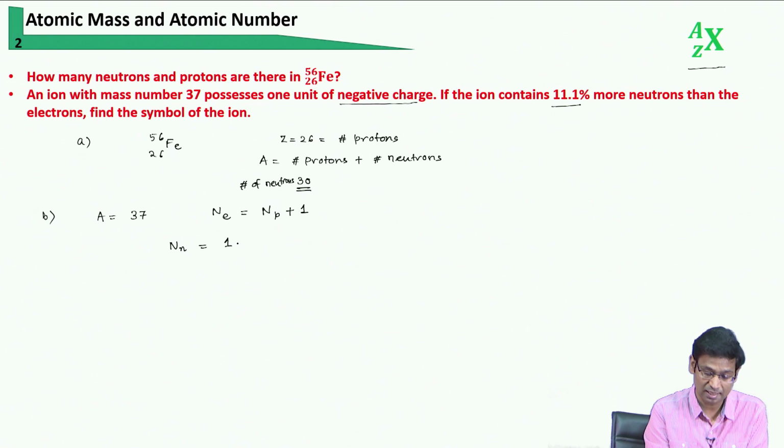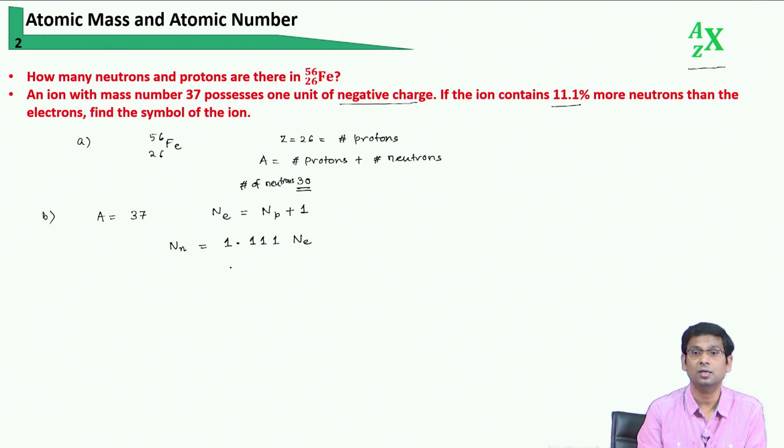To write that, if I have one electron, the number of neutrons is 1.111, because this is 11.1% greater than the number of electrons. Now, the atomic mass is given as 37. How do I get this atomic mass?